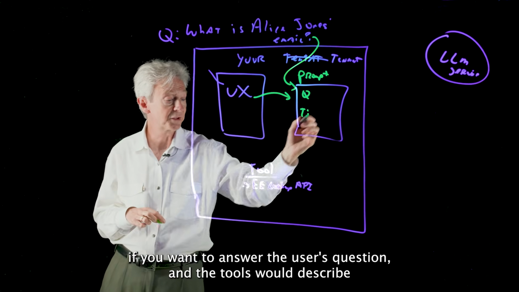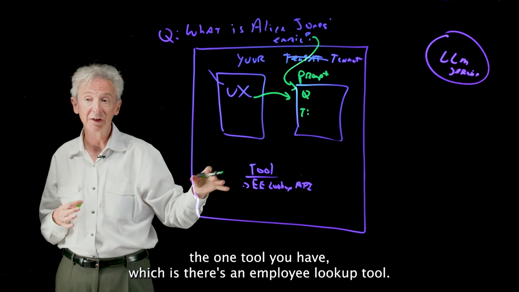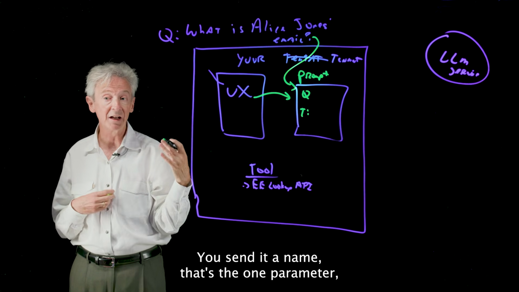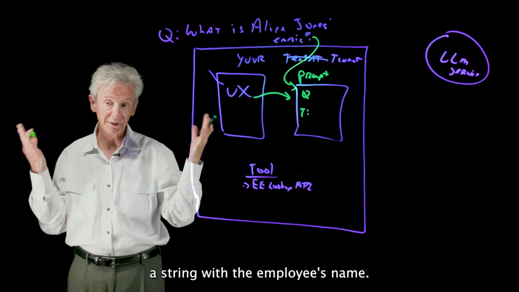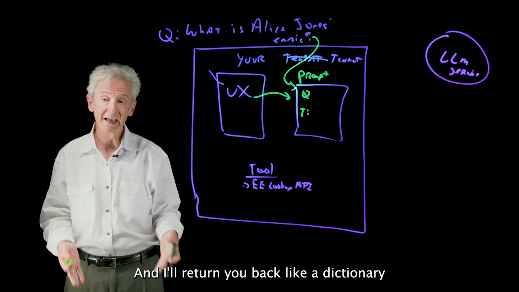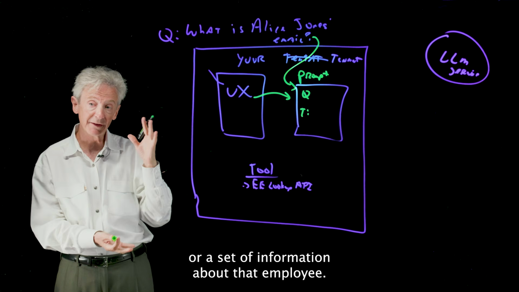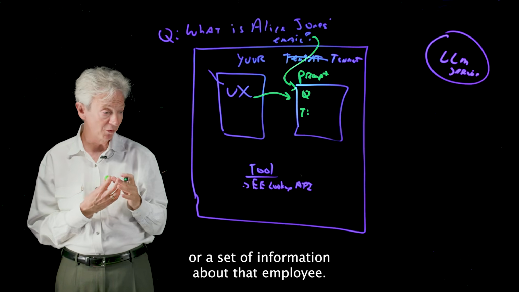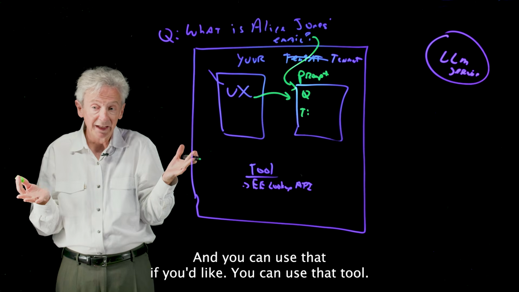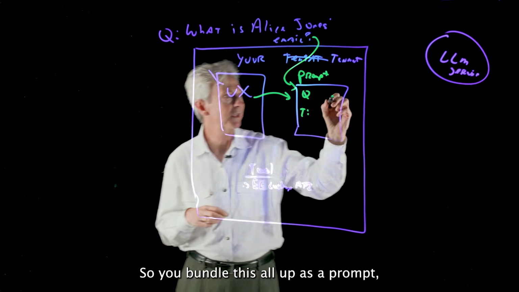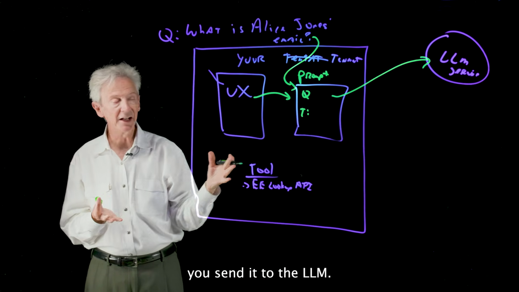And the tools would describe the one tool you have, which is there's an employee lookup tool. You send it a name, that's the one parameter, a string with the employee's name, and I'll return you back like a dictionary or a set of information about that employee. And you can use that if you'd like. You can use that tool. So you bundle this all up as a prompt. You send it to the LLM.